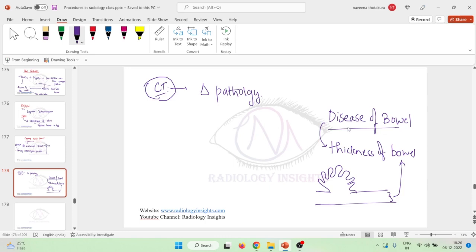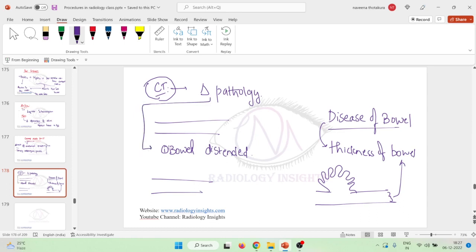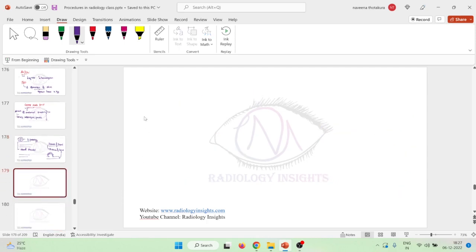In order to study the bowel wall clearly, first and foremost, the bowel should be distended. Whatever else you do, the main important thing is that the bowel should be distended. To diagnose pathology, the number one prerequisite is that the bowel should be distended. Therefore, we use a contrast agent, which will fill and distend the bowel.